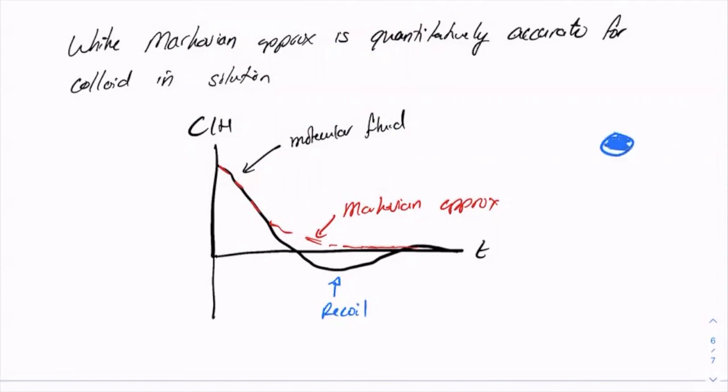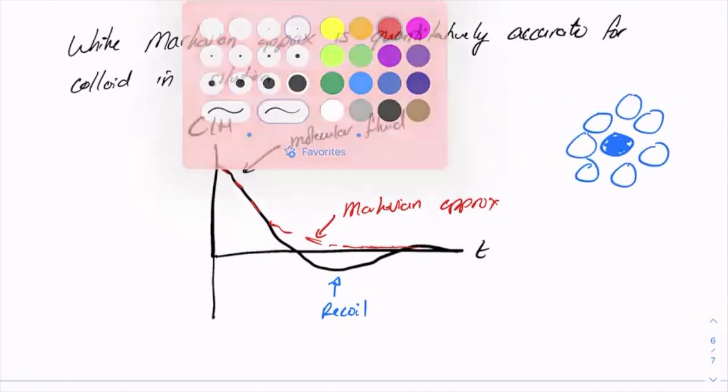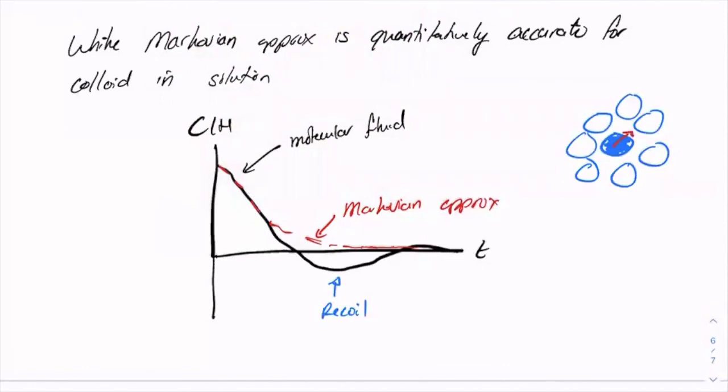If I looked at a particle as it's moving around in a dense solution, if it had some initial velocity pointing in that direction, well, it might bump into one of those dense other particles and become anti-correlated in its velocity immediately after that collision.